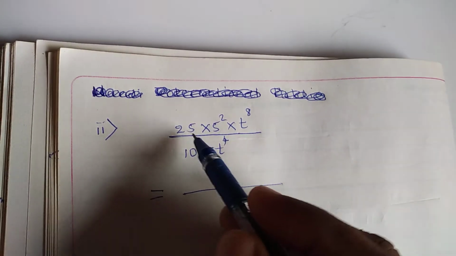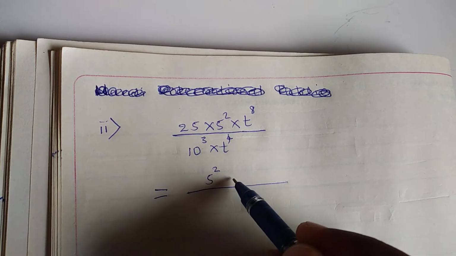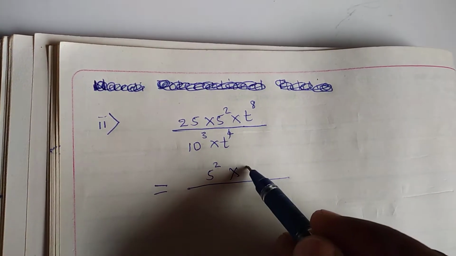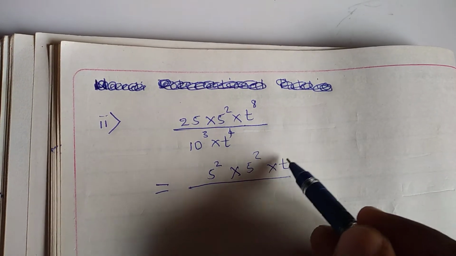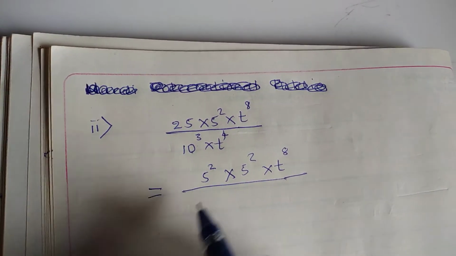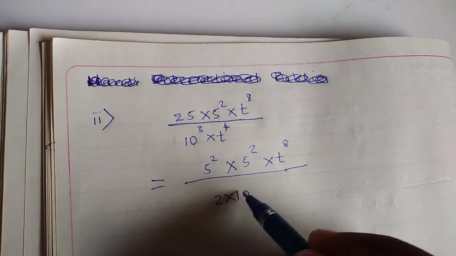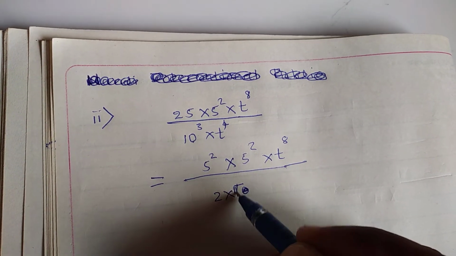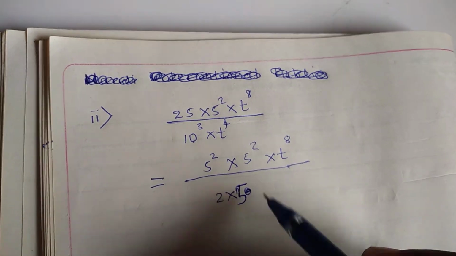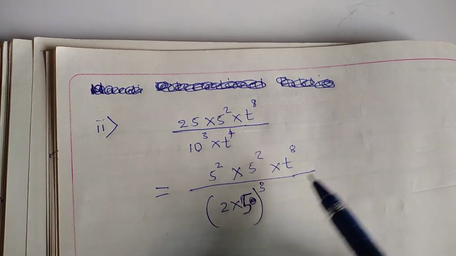So this 25 I have to write as 5 raised to 2, and this one 5 raised to 2 I write as it is, and t raised to 8 as it is, and this 10 I write as 2 into 5, bracket raised to 3.